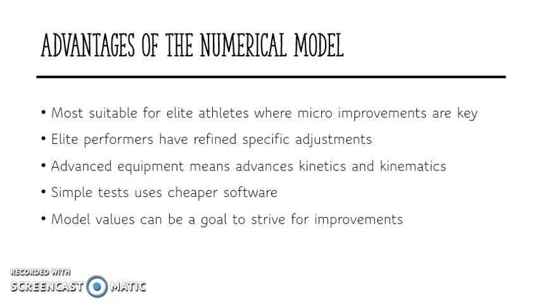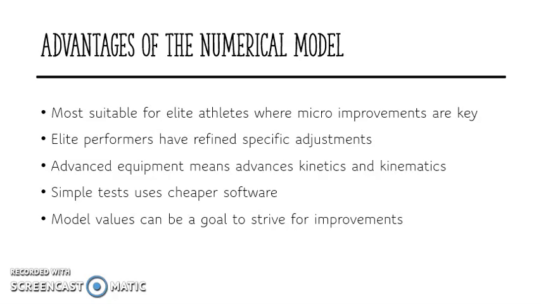Another advantage of the numerical model is more simple tests can use cheaper software. So Dartfish, for example, you can use Dartfish instead of the 2D. And it can show you the same thing, but in a cheaper way.